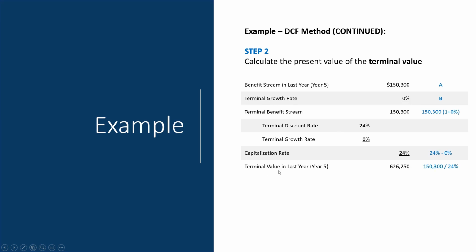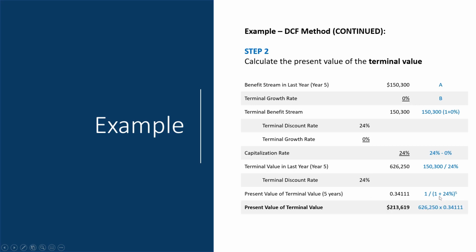So here the terminal value in the last year is $626,250. To do the math, that's $150,300 divided by the 24% discount rate. And now you need to discount that back to today's value. So discounting that back, we're applying the discount rate in period 5, and you're going to get a value of $213,619.